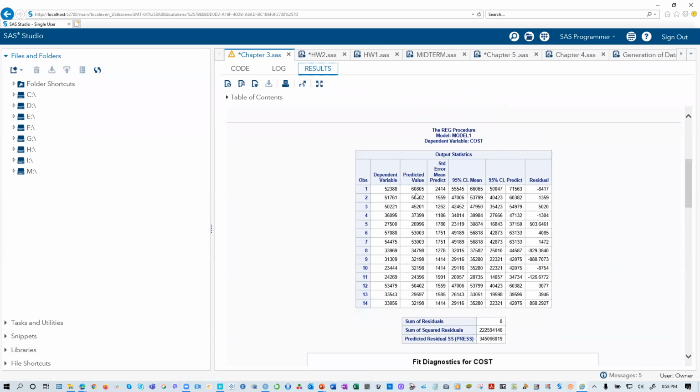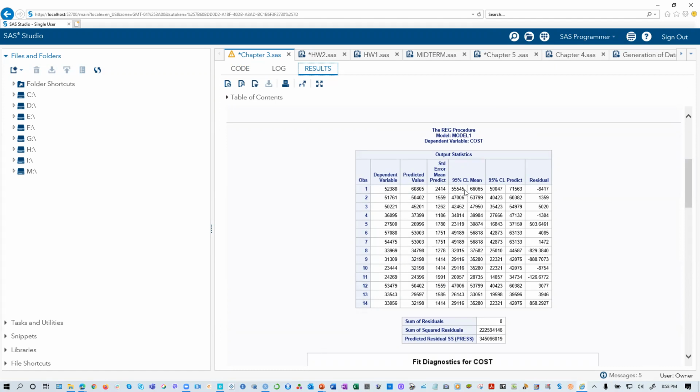This is for the average for a given. This is your dependent variable, based on this predicted value. Dependent variable means this is your y value, which is your cost. This is the estimated cost. This is the interval estimate.